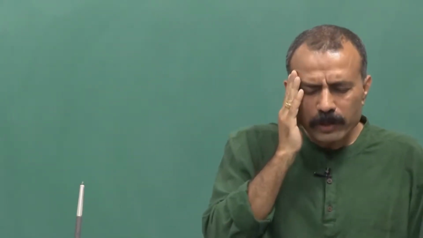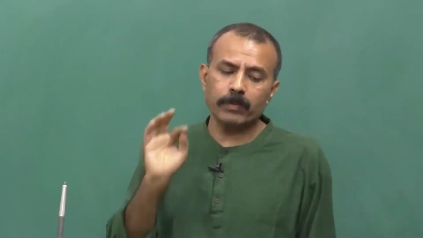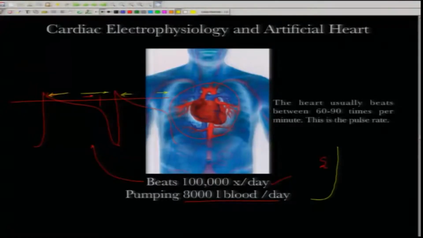So these are possible reasons why, evolutionarily, the cardiac myocyte follows this kind of pattern of action potential. It is believed to give the cardiac myocyte a window to rest and to move slowly.